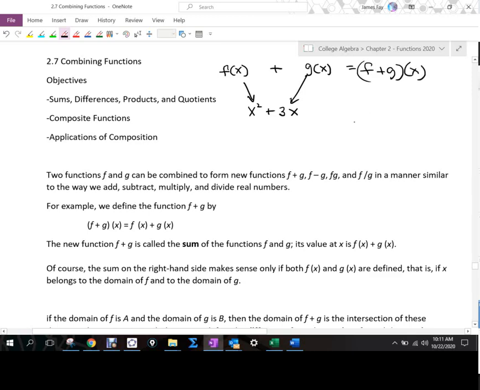So the functions that we've dealt with are already made of smaller functions that have been combined to generate the current one. Does that make sense? We can do the same thing with subtraction, multiplication, and division.